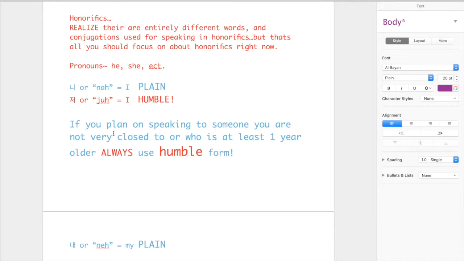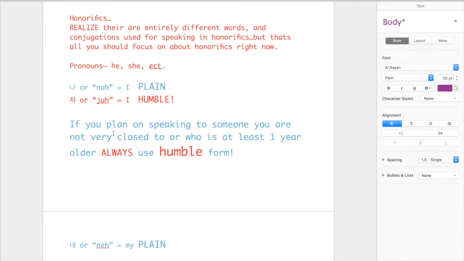Like, we have that distinction. We also have the distinction where if you're talking to a really smart person, you'll be using different words than if you're talking with just a regular friend. We have that distinction. So we have certain distinctions, yes, but do we have honorifics? I don't know. I don't think so. So it's a little bit different of a concept because we really don't have it.